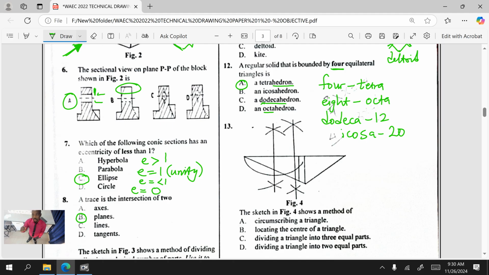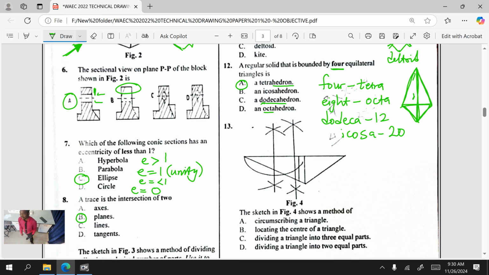Now let me show you what they mean by equal triangles. So when we have a triangle like this, an equilateral triangle, this is the base. So we're going to put another equilateral triangle on top. This is also going to come here. Do you see it now? So the back part I first drew, that is 1. This part is 2. This one is 3. And the base is what? 4.